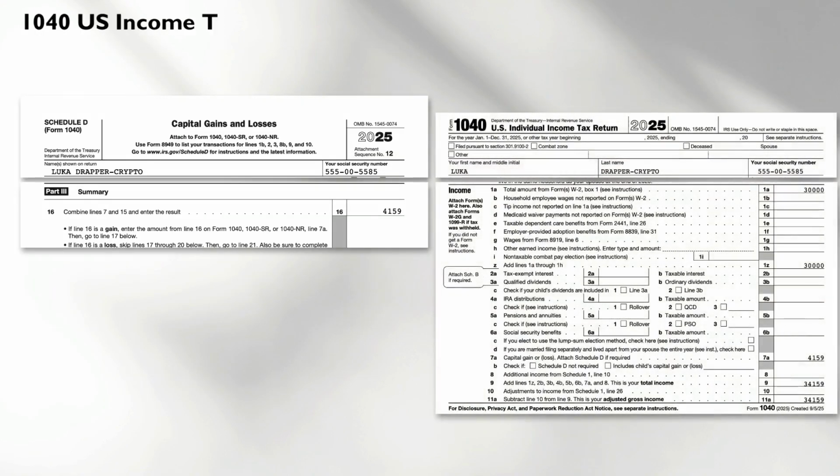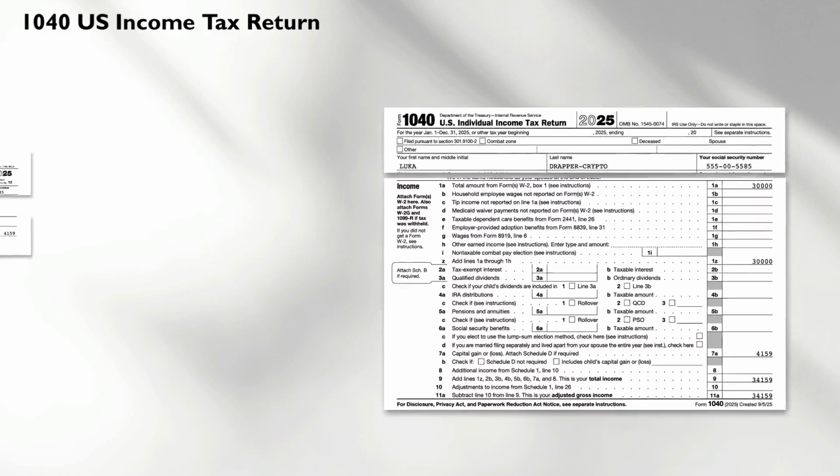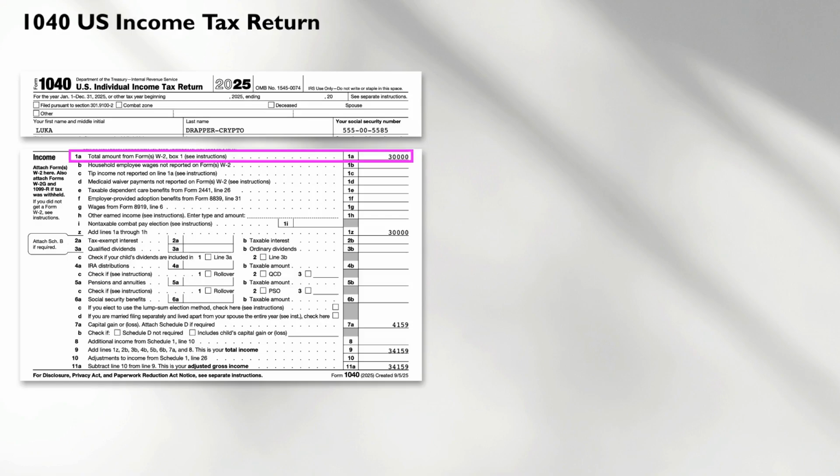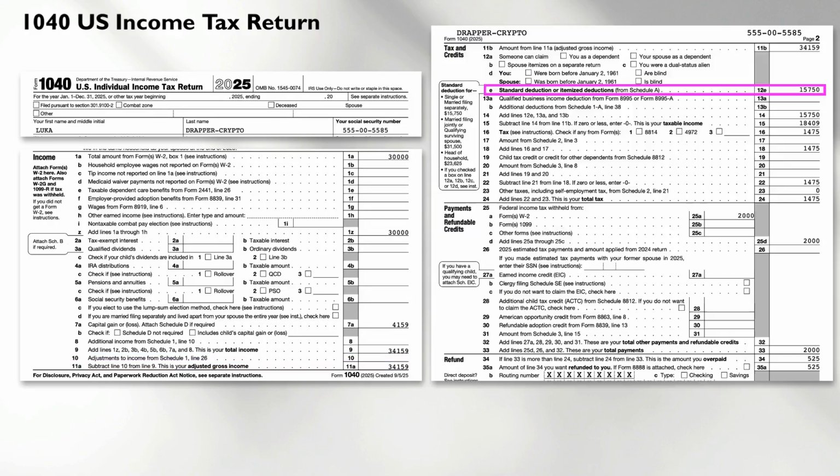Now let's go back to our example. The total from Schedule D flows to Form 1040 on line 7, capital gain or loss. In our example for Luca, that amount is $4,159. It is then added to his wages of $30,000, giving him an adjusted gross income of $34,159.